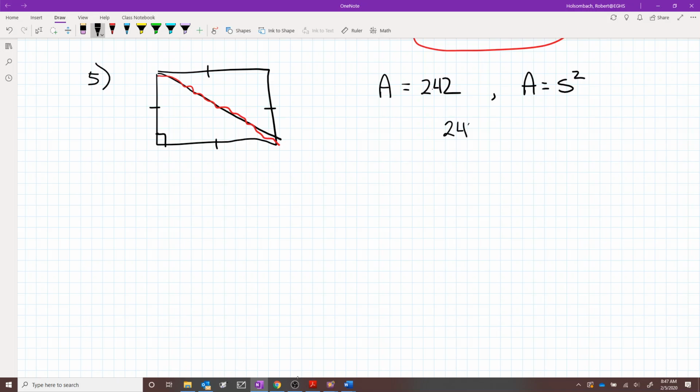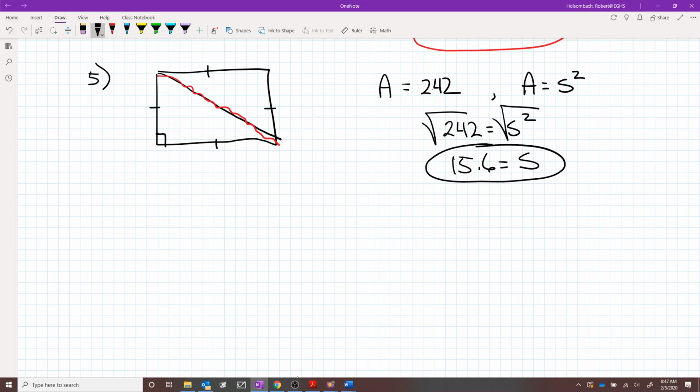So if 242 equals a side squared, you can square root both of these. And 15.6 is equal to one of the sides. So this is 15.6 and this is 15.6.